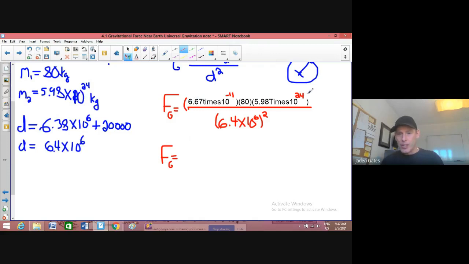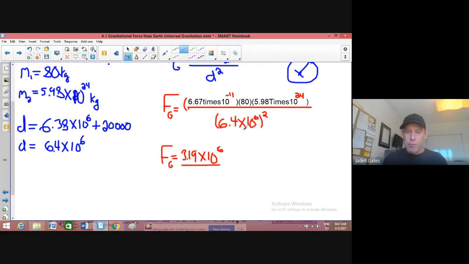If you just type the top into your calculator, 6.67 times 10 to the power of negative 11 times 80 times 5.98 times 10 to the power of 24, you will get 3.19 times 10 to the power of 16.